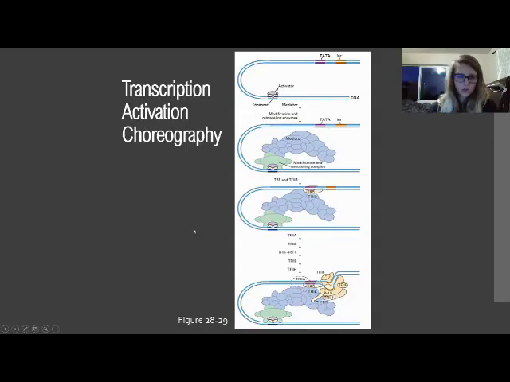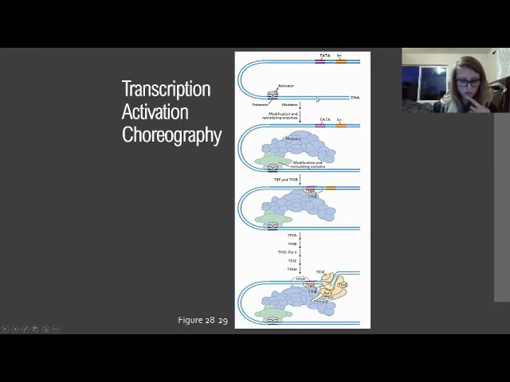Transcription activation choreography. From the beginning, activators bind to the DNA first, so the activators here bind to the enhancer regions that we mentioned. The activators then recruit histone modification or nucleosome remodeling complexes, and a coactivator, which is the mediator in this case.